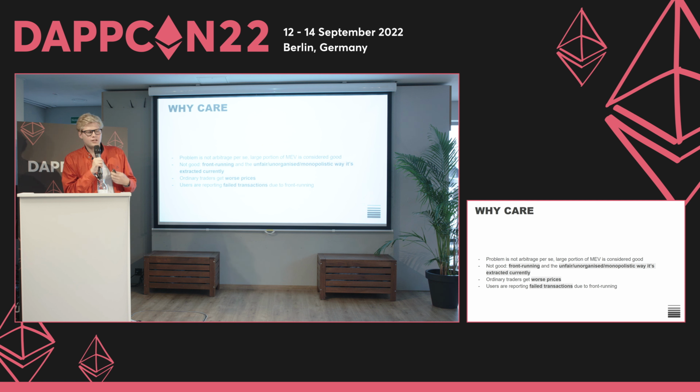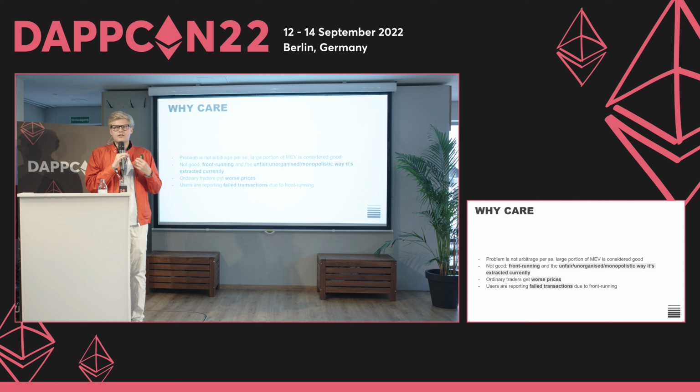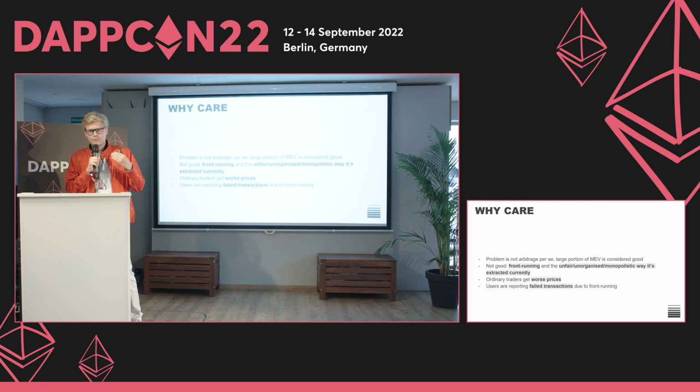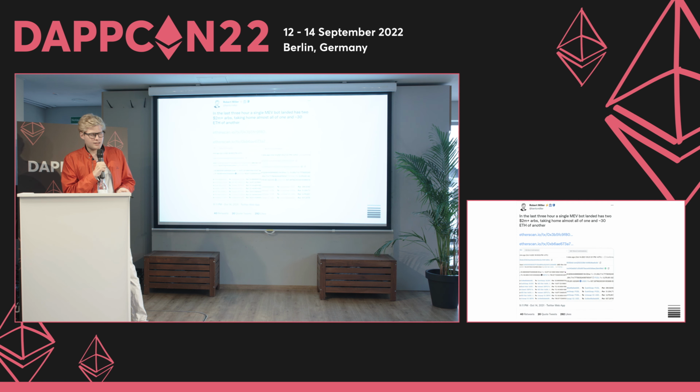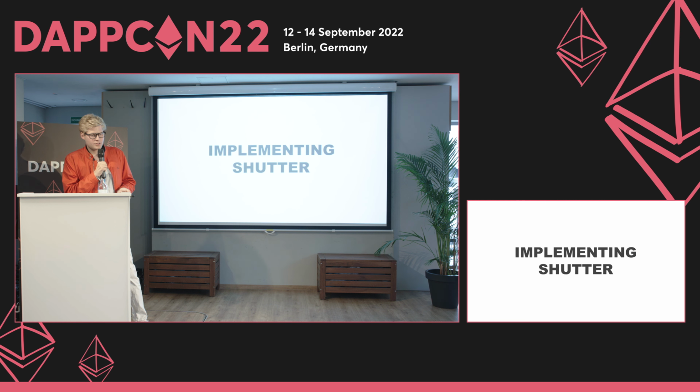Specifically, there is a certain amount of malicious MEV, and we're trying to mitigate this malicious part of it, especially front running, sandwich attacks, and censorship, which we think for the end user results in worse prices and failed transactions. These are examples, and I'm sure you know these.